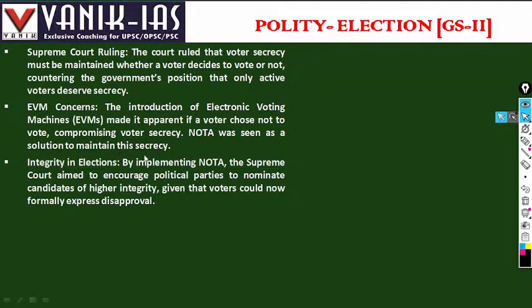So, if the voter wants, he can maintain secrecy and not vote, and can choose the option of NOTA.